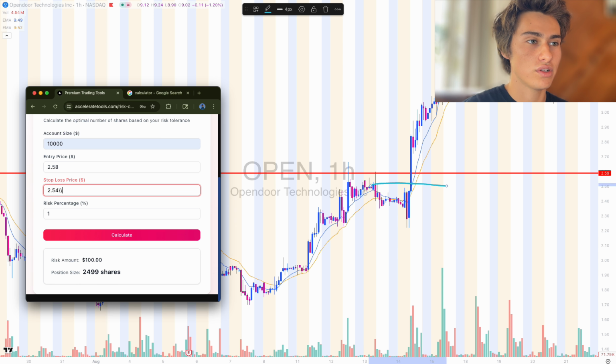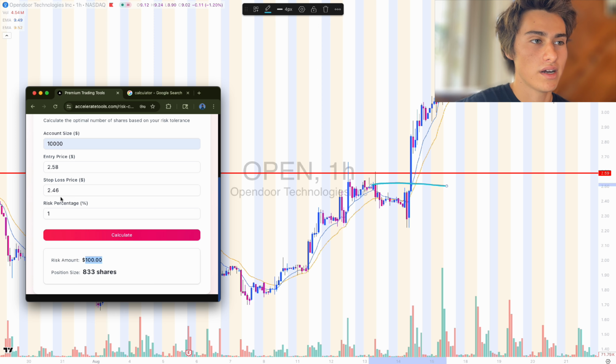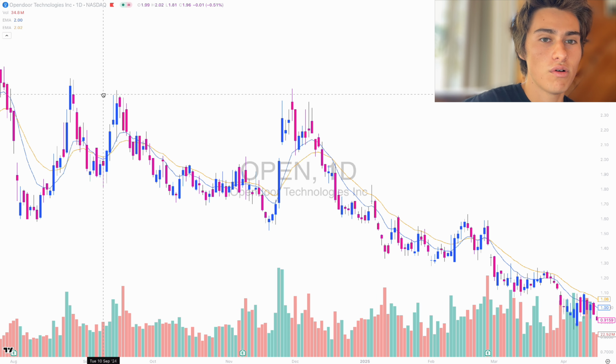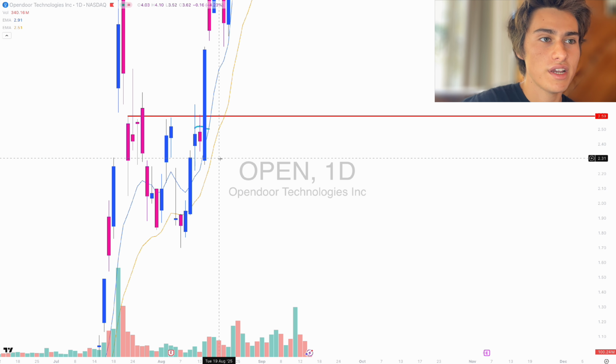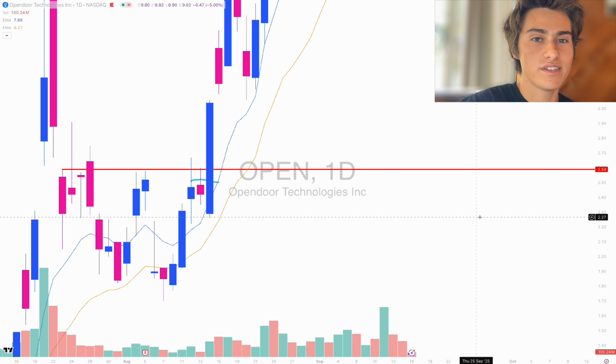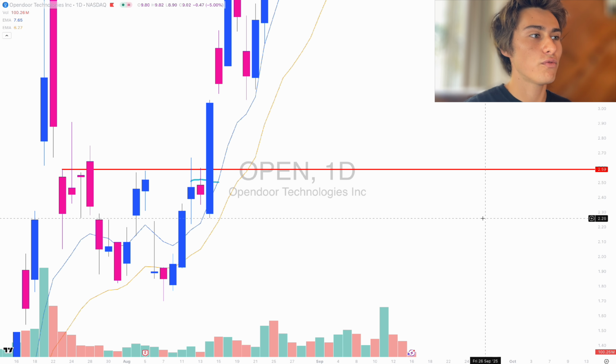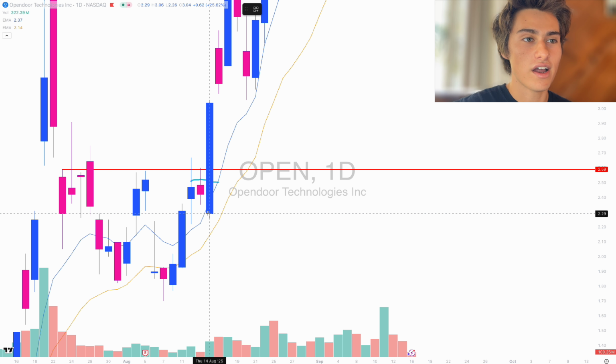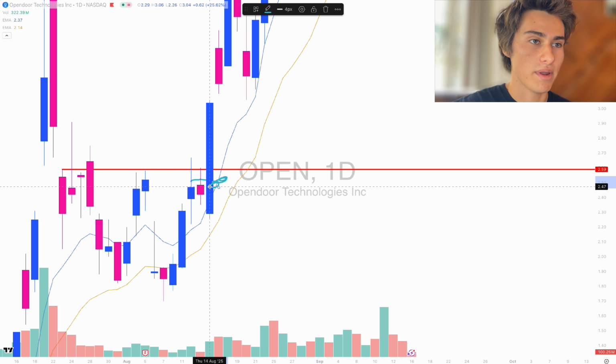And just going back to the original entry point of $2.46, no matter where the stop loss is, you're still risking $100. Let's say we made it $2.25. Let's say we went low of day. Now we're only buying 300 shares. If we said, okay, let's stop Open out on the low of day, which was about $2.26, we wouldn't need to do that because if it got here, the trade is, in my opinion, over anyway.